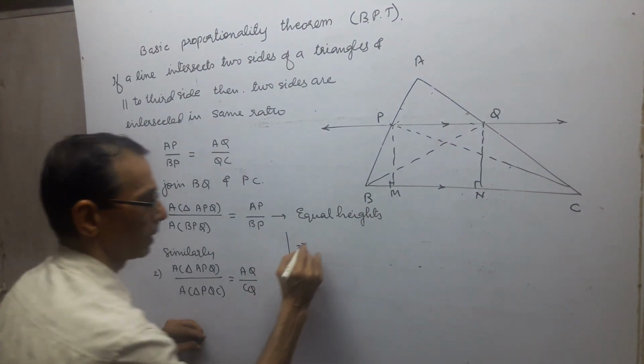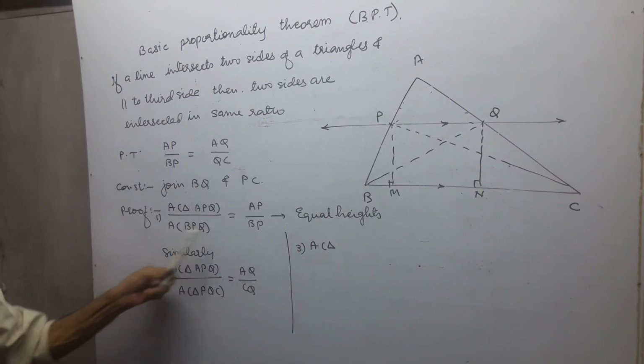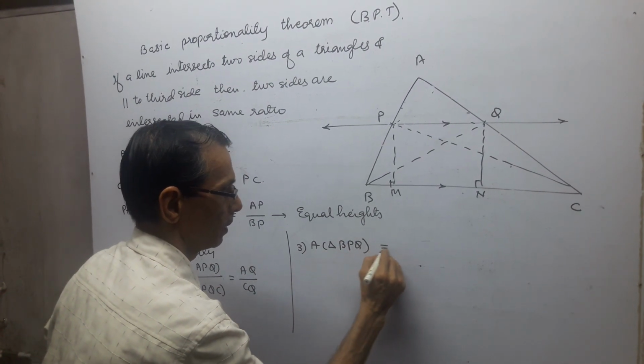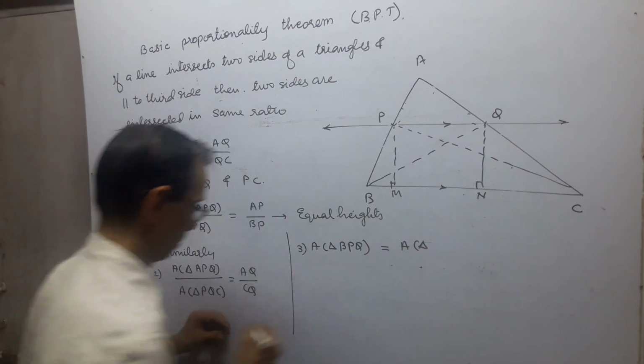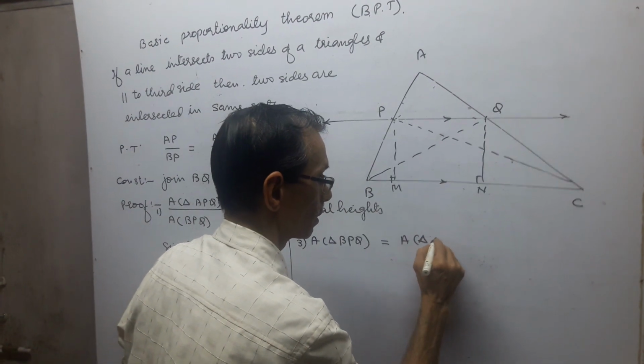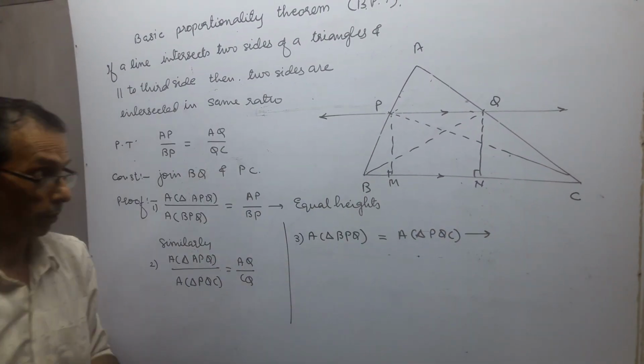And therefore area of triangle BPQ is equal to area of triangle PQC. Why?